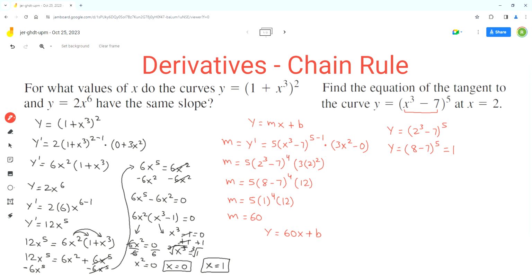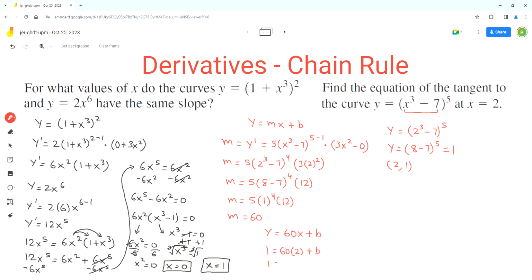That means the point (2, 1) lies on the tangent. So now we can sub in x as 2 and y as 1 and solve for b. So we get 1 equals 60 times 2 plus b.